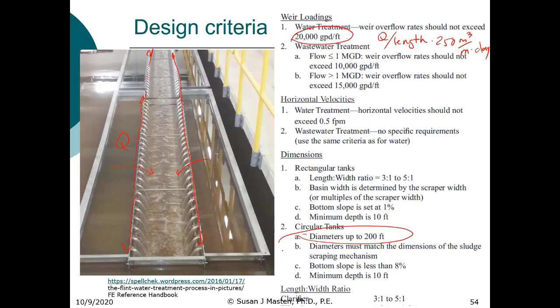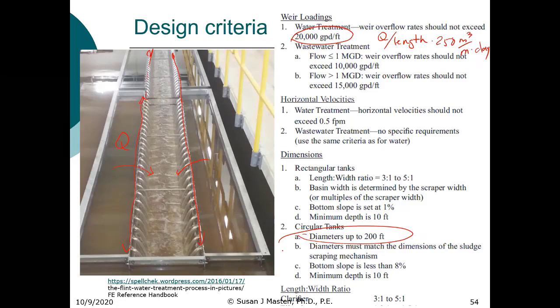Many of your clarifiers, especially in wastewater treatment plants, are outside. The larger the diameter, the more wind impact currents you will get, and that's going to affect your removal efficiency.